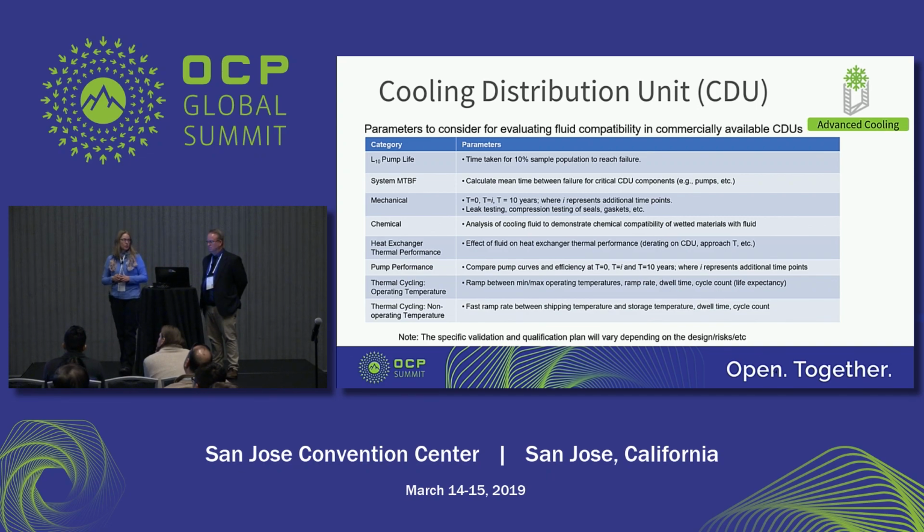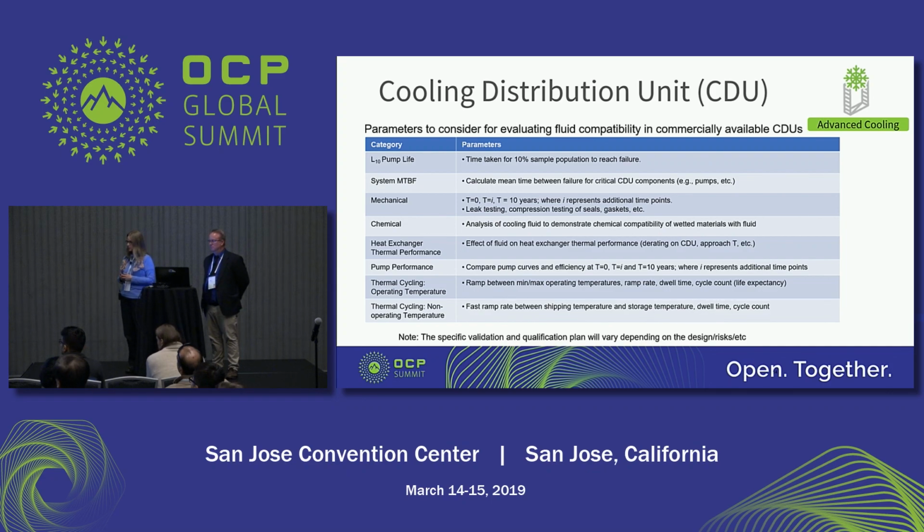So what is of importance here is really the L10 pump life, so time taken for 10% of the population to reach failure for your particular fluid and your particular installation. This data can, of course, be hard to get your hands on as well. System mean time between failures as well. Mechanical, are there any aging effects that are happening? Are there any leaks that are going to occur? Any gaskets that need to be replaced, for example.